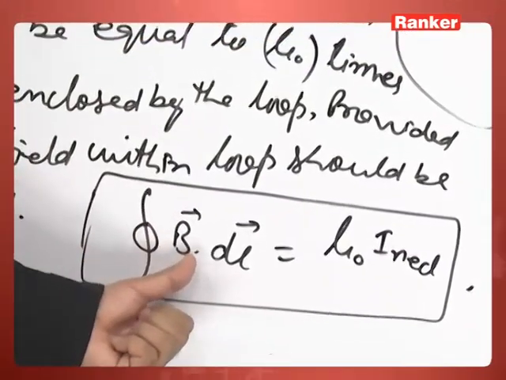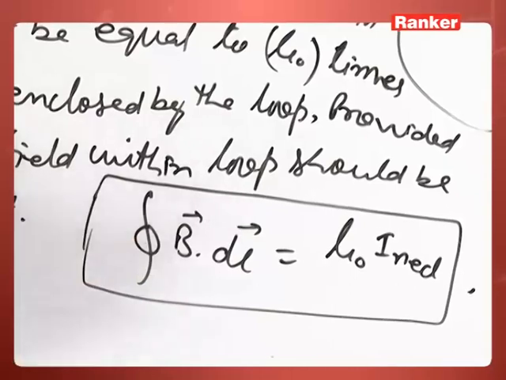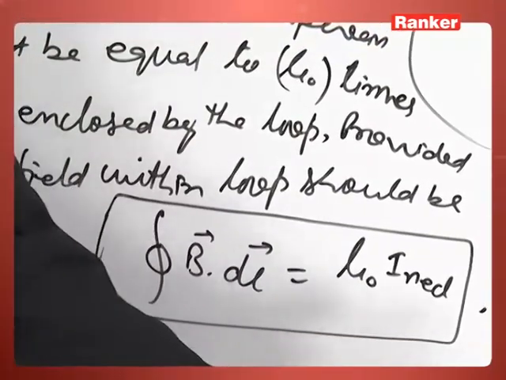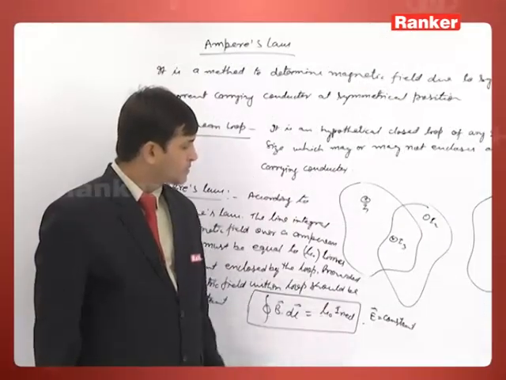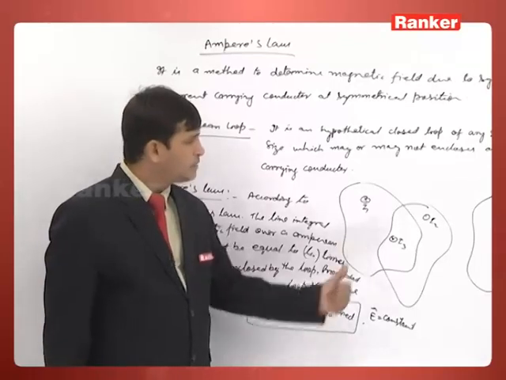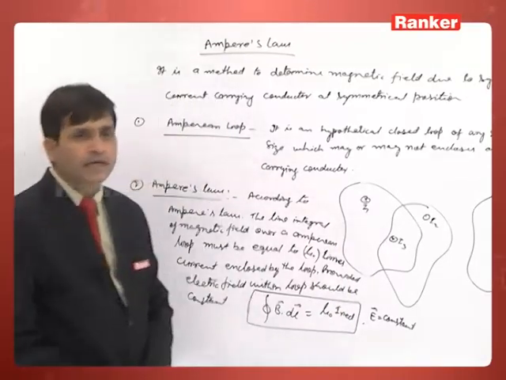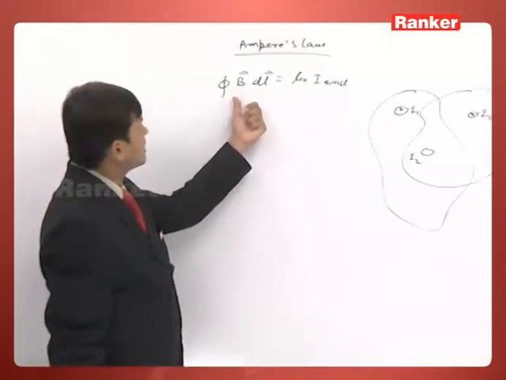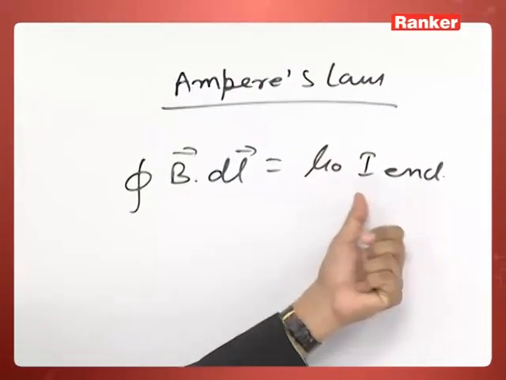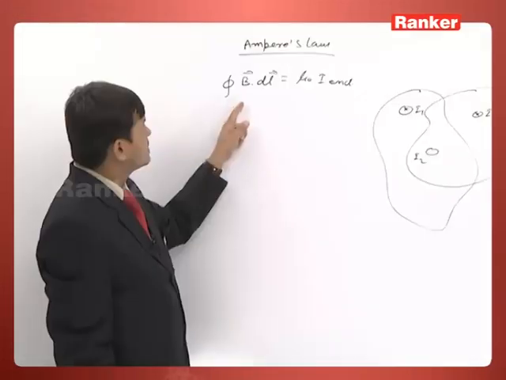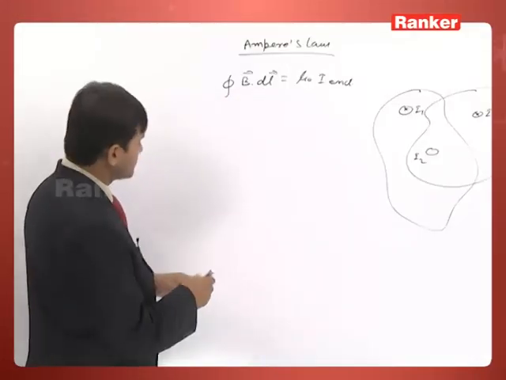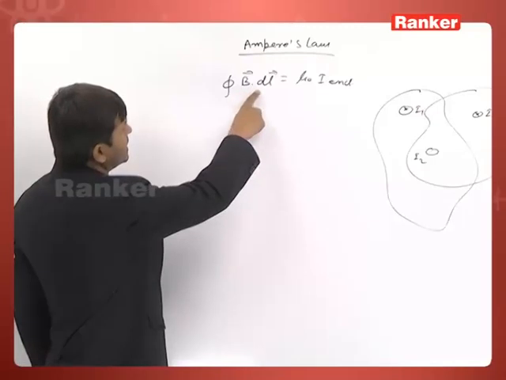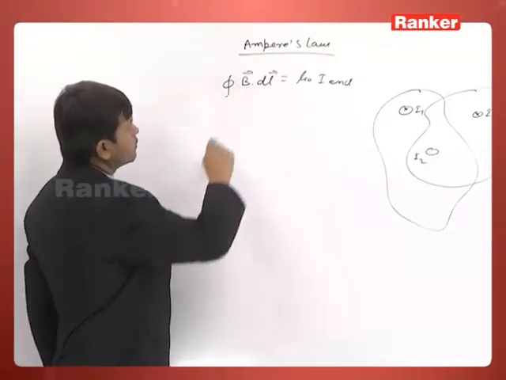Before applying Ampere's law, first we have to use a certain sign convention, which values we have to consider as positive and negative. Now according to Ampere's law, the closed integral of B dot dl is mu naught I enclosed. So we are finding the line integral or circulation integral.